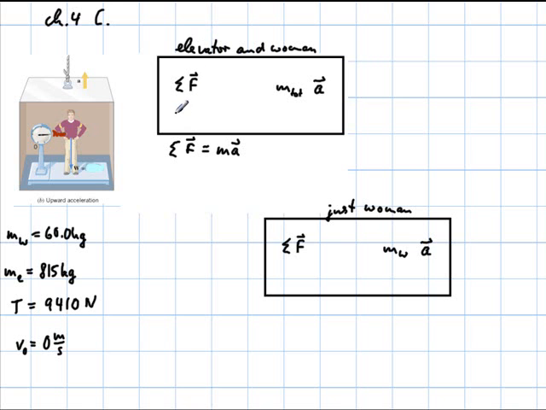On the elevator and the woman, what we have given is the weight of everything. That's a force. In fact, we should calculate the weight here very soon, and the combined weight as well. The total mass as well as the total weight.